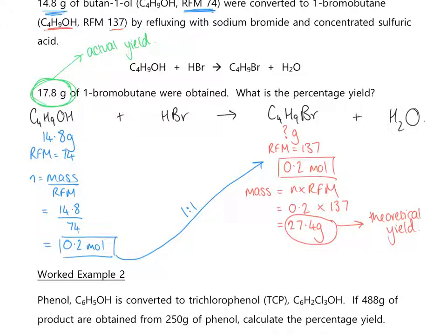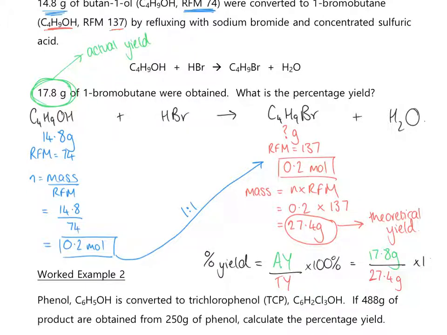We don't have much room left, but let's do it down here. Percentage yield is our actual yield over our theoretical yield times by 100%. Our actual yield is 17.8 grams. Our theoretical yield is 27.4 grams that I've just worked out using my moles calculations.